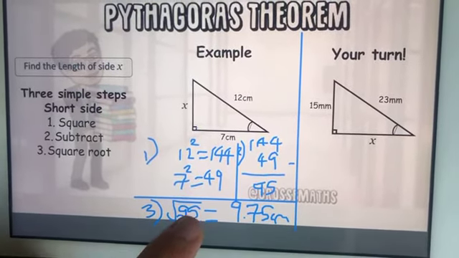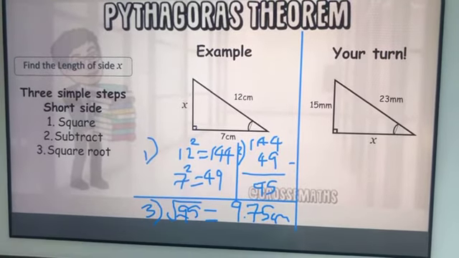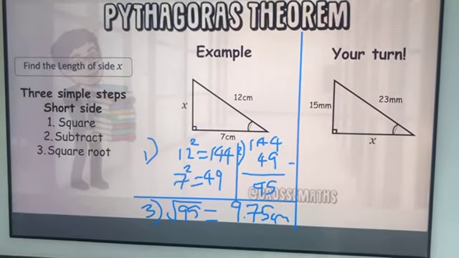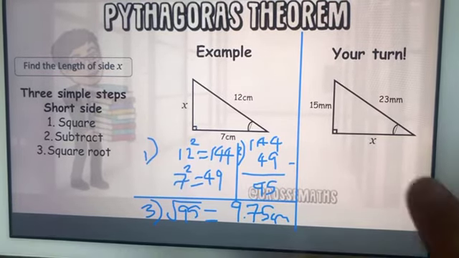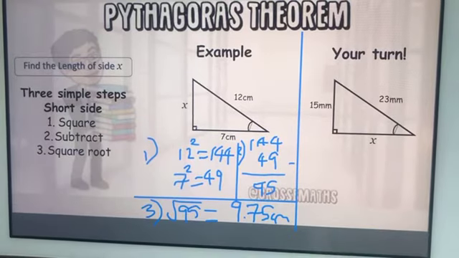Guys, if you've done that and got that written down, can you have a go, please, at the one over the other side? Can you have a go at this one that says your turn? Even though we're finding the x at the bottom, remember this is still looking for the short side.